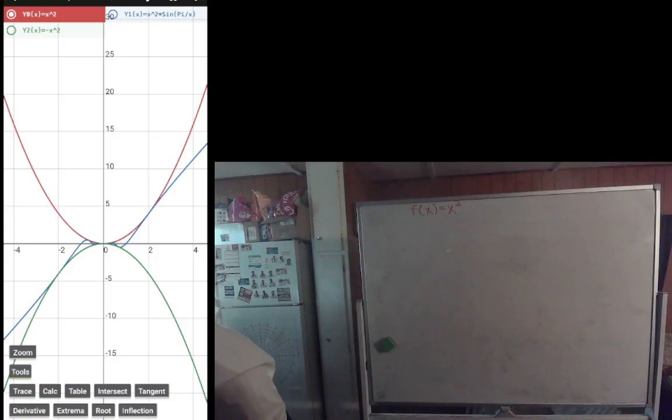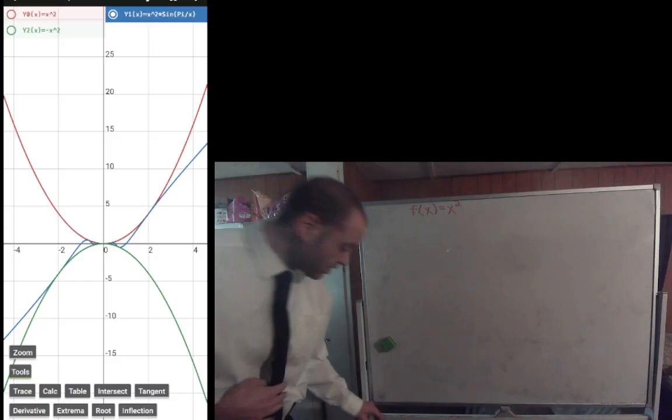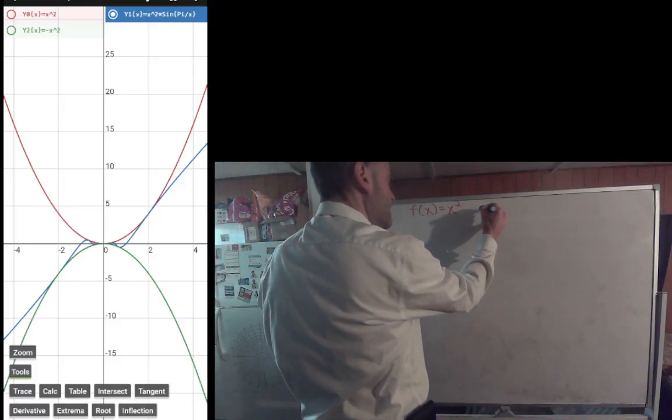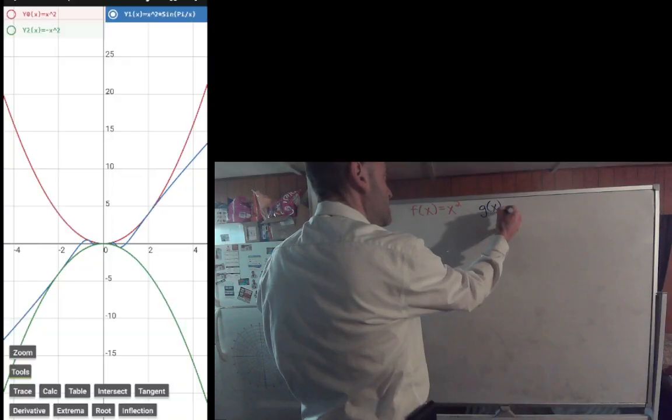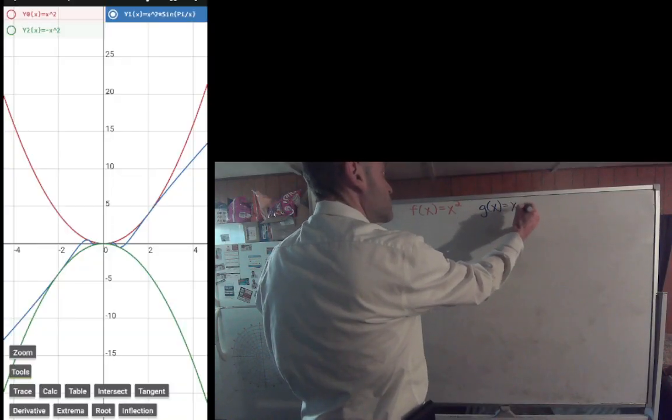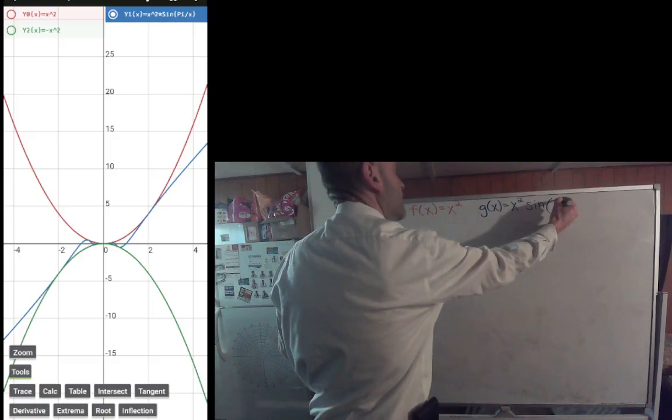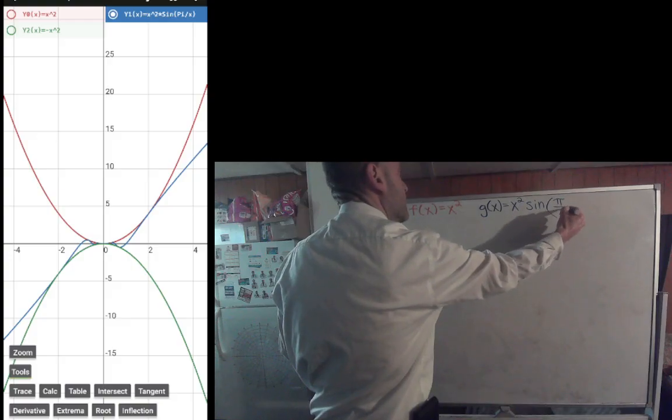And then in blue, you have g of x is equal to x squared sine of pi divided by x.